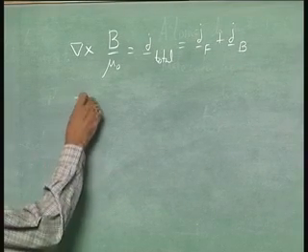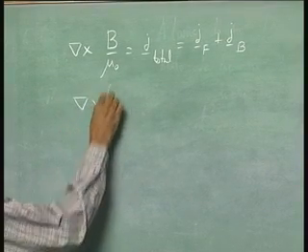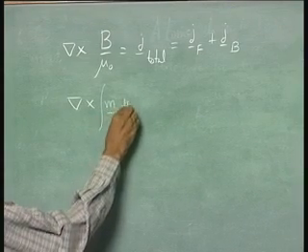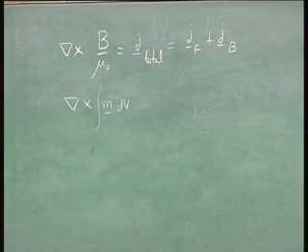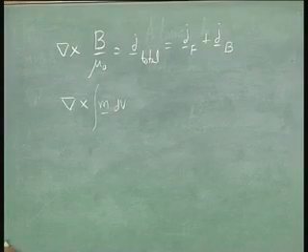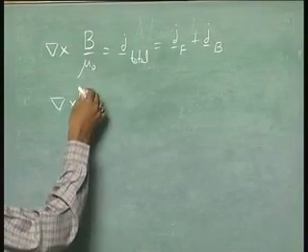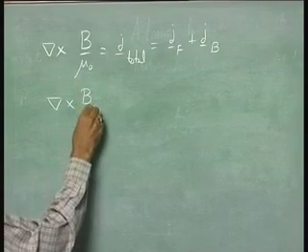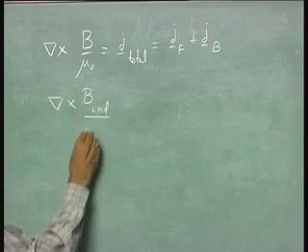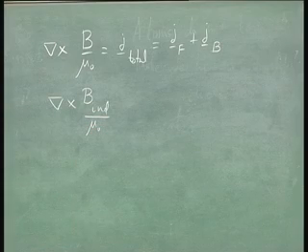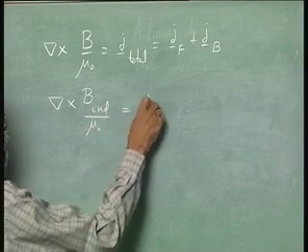But I also have curl of B induced divided by mu naught, and that part is equal to only J bound.